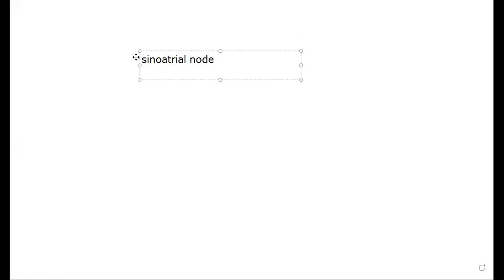Okay, let me write it down. So I've got number one there. We'll put that one as number one. We've got number two, which goes into the AV node, which is called atrioventricular node.